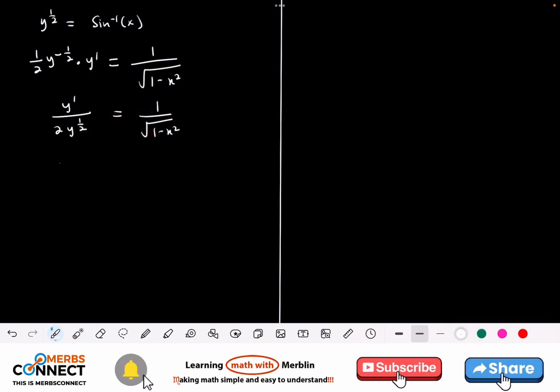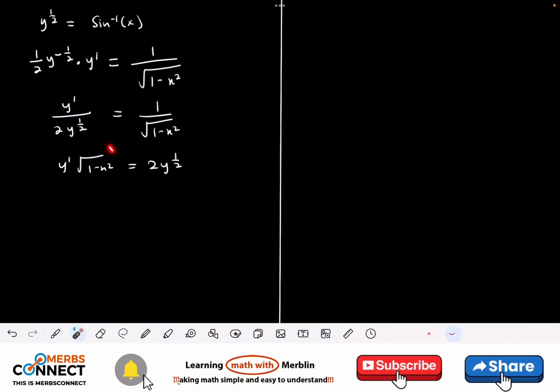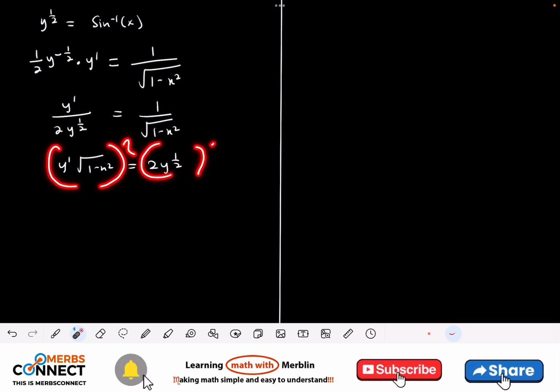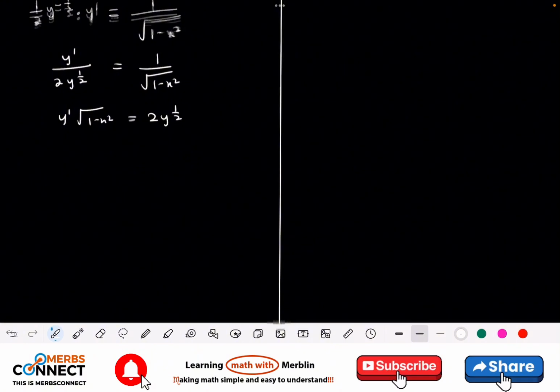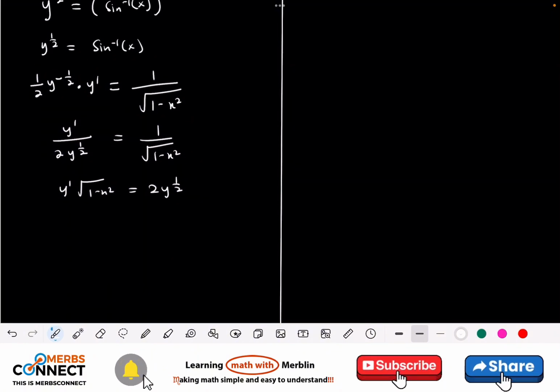So I'm going to have y prime root of 1 minus x squared, which is equal to 2y to the power 1 over 2. Since we have the root here, I need to make sure I square both sides to take care of the root before I start with the second derivative.